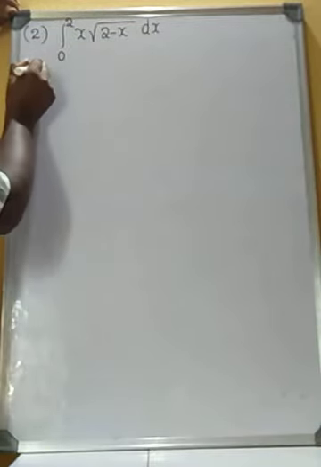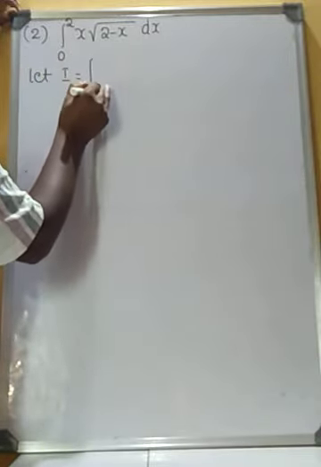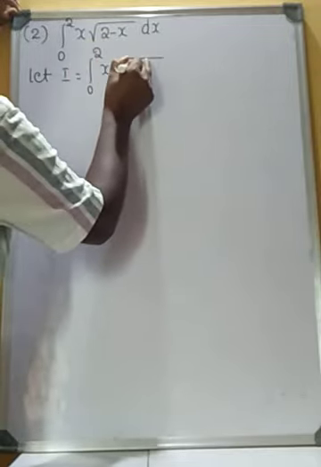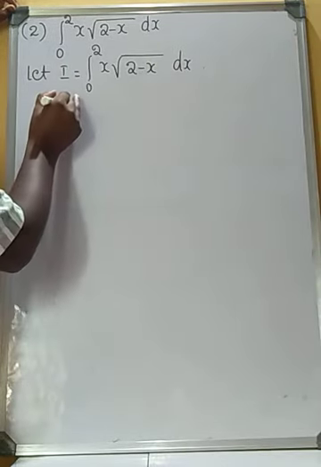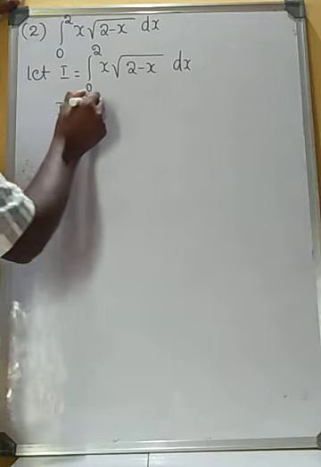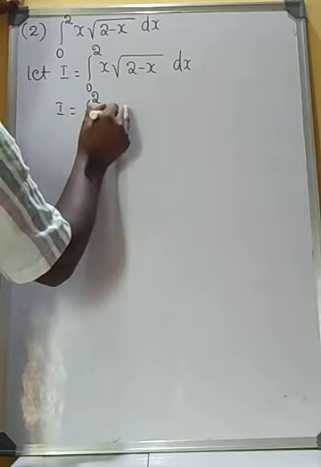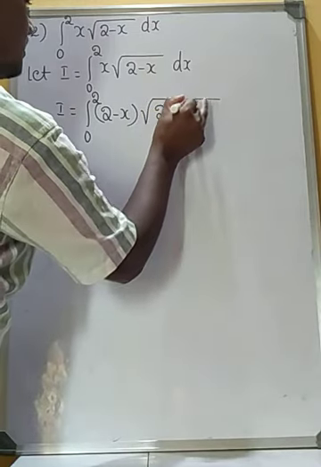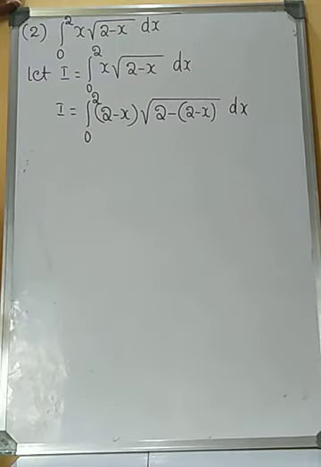Here also let I equal integral 0 to 2 x into root of 2 minus x into dx. Therefore, I equals, here also by using property 5, integral 0 to 2 of (2 minus x) into root of 2 minus (2 minus x) into dx.